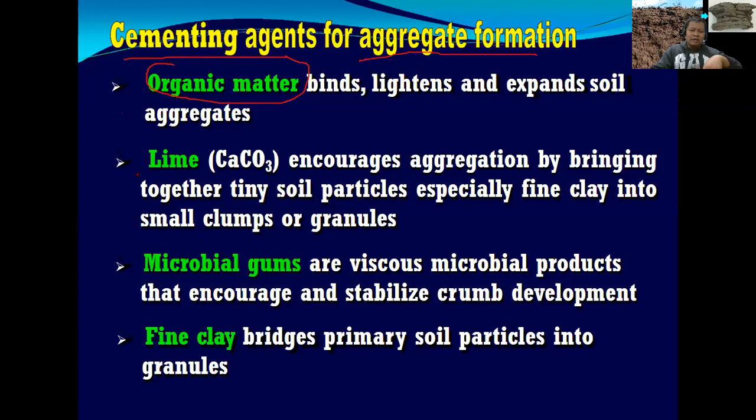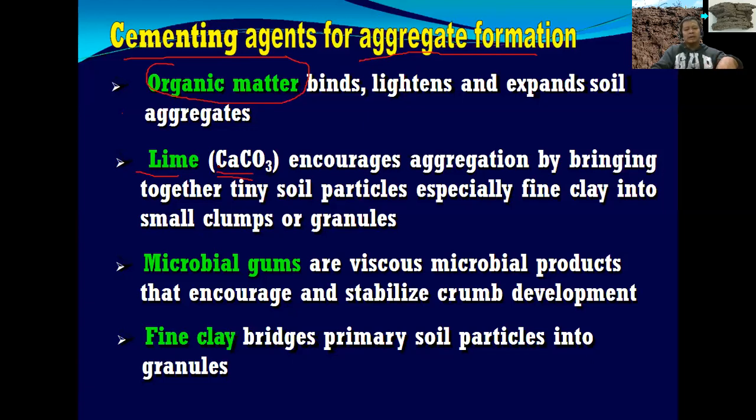Okay. Another cementing or aggregating agent is lime, the calcium carbonate. By the way, there are many kinds of lime. So in this particular example, we take calcium carbonate as example of our cementing agent in the lime. But there are many limes. We have calcium oxide, we have magnesium oxide, we have calcium hydroxide, we have magnesium carbonate.